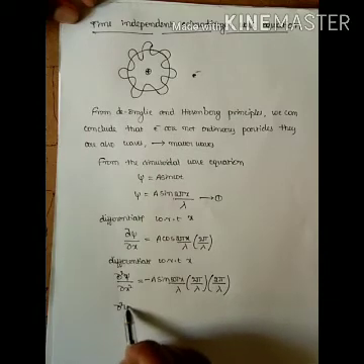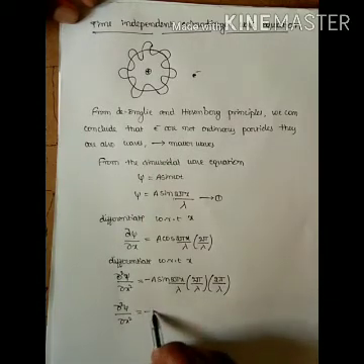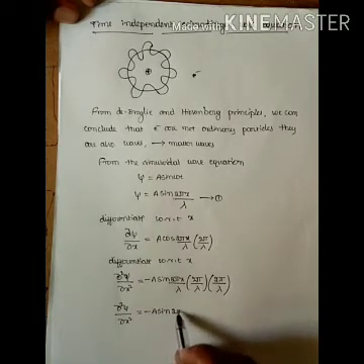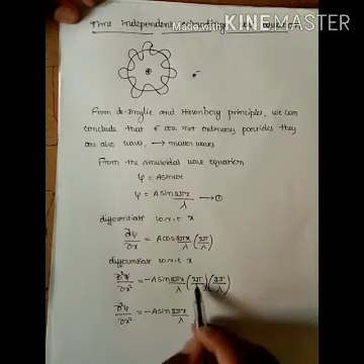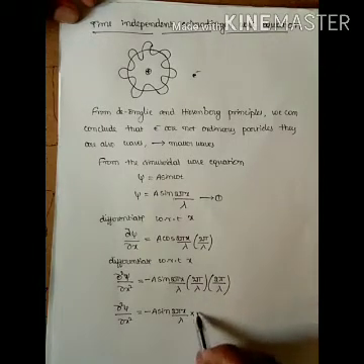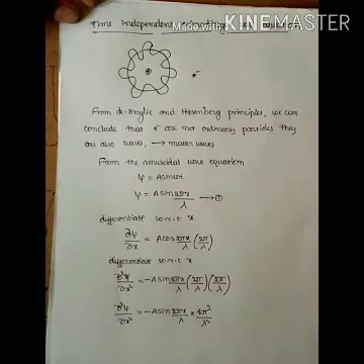Now dou square psi by dou x square is equal to minus a sin 2 pi x by lambda into 2 pi by lambda into 2 pi by lambda, which I can multiply to get 4 pi square by lambda square.